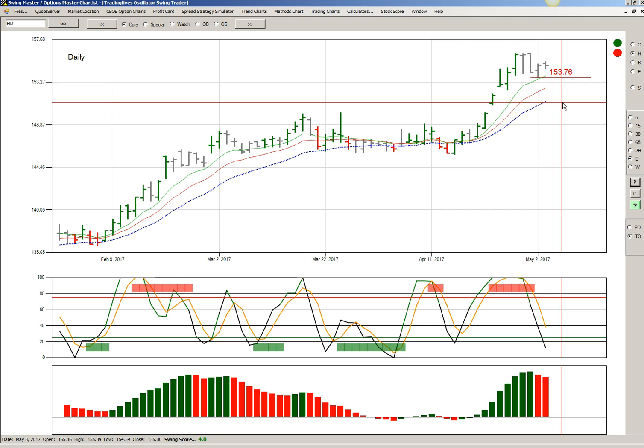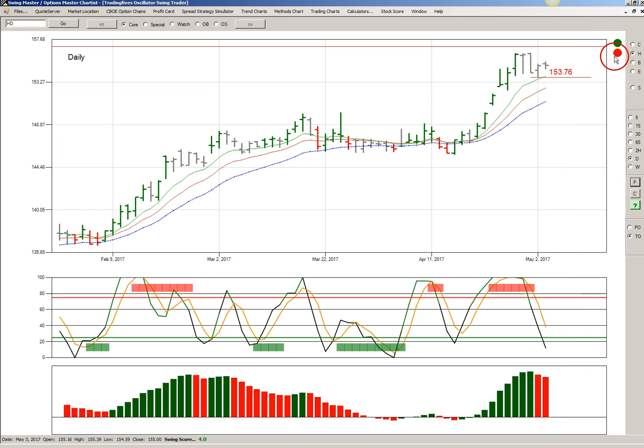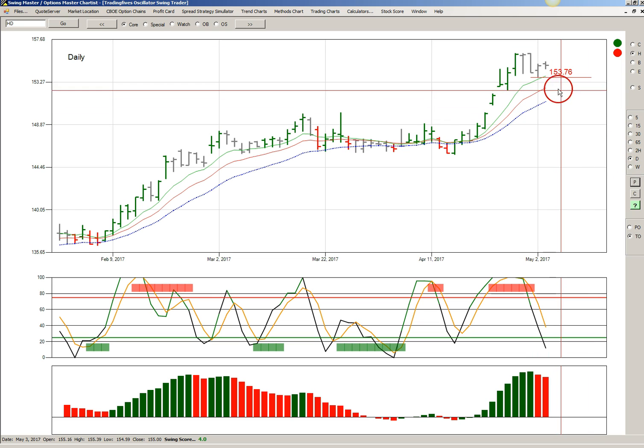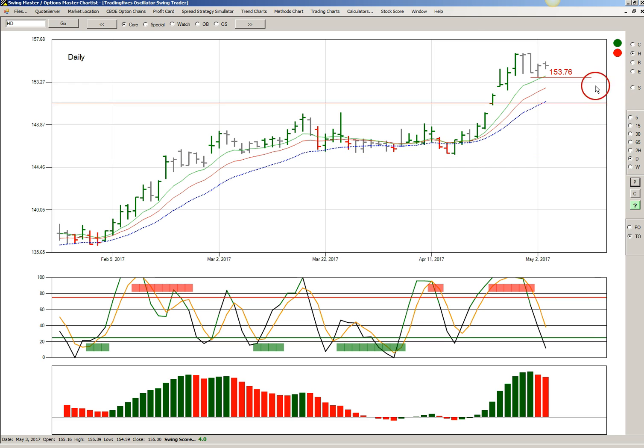Now, whether or not you'd want to take these trades is another matter, and I think you'd want to do some other analysis. One of the quick ways to evaluate these trades is to look at the traffic lights in the upper right hand corner. When there are 2 lights, you have an upper light and a lower light. The upper light is the trend indicator for the higher time frame, and because this is a daily chart, that would be weekly. The bottom indicator would be the trend for the lower time frame, which in this case would be 2 hours.